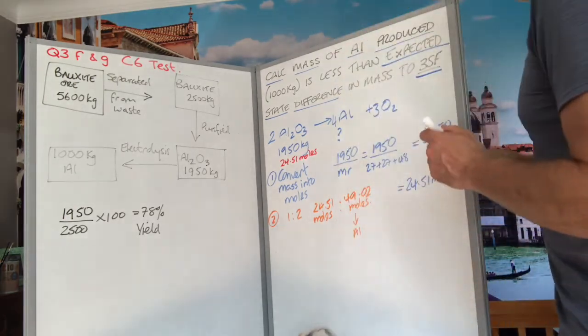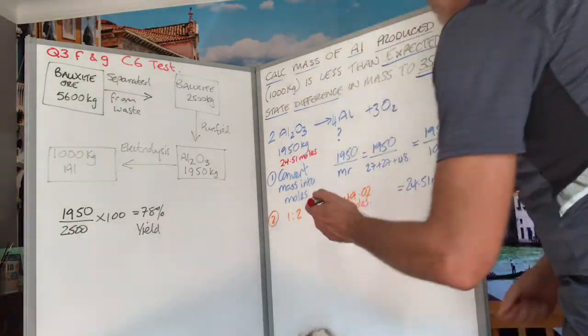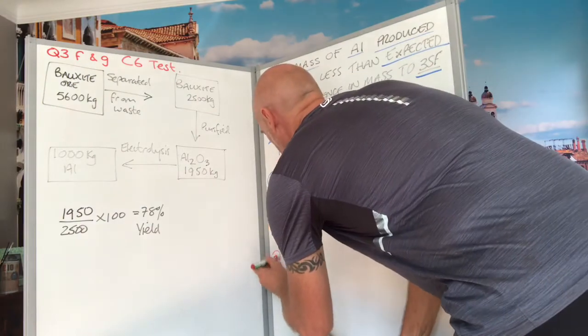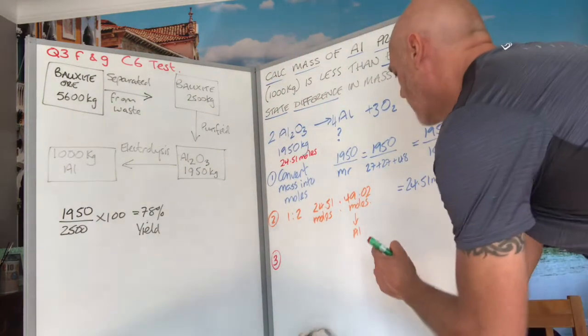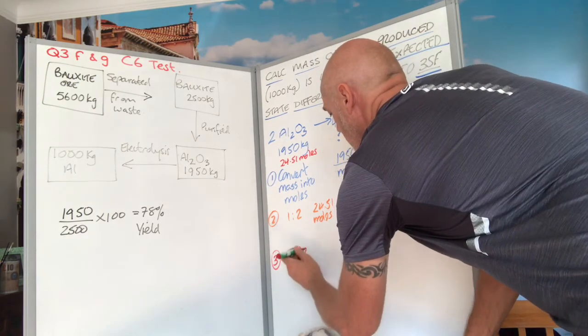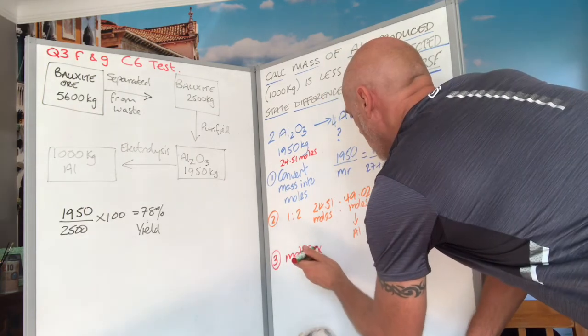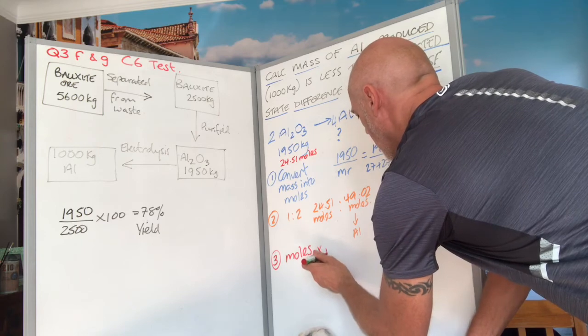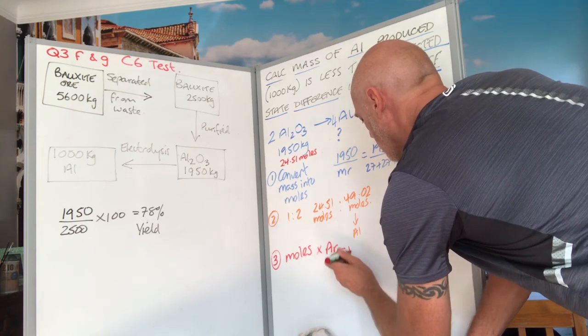So part 3, we want to convert the number of moles into a mass. So moles multiplied by AR equals mass.